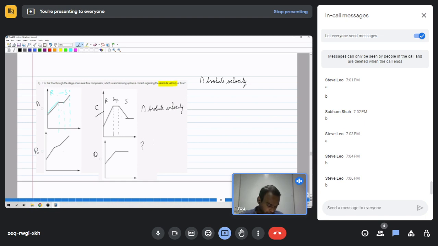Okay, yeah, D represents stagnation conditions, like stagnation temperature or stagnation pressure. During the rotor phase, where you impart mechanical energy to the fluid, the enthalpy increases, and then stagnation temperature and pressure increase, and then in the gap it remains constant, and in the stator phase also the stagnation parameters remain the same.